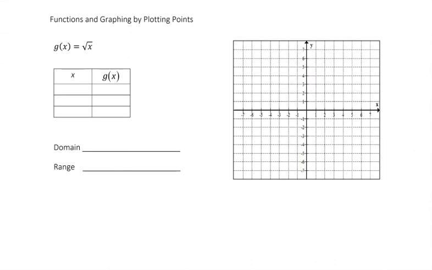All right, square root of x. So this time we're not going to do 5 points, and we're also not going to do our normal points either. Remember, whatever we pick for x, we're going to have to plug into the function. In this case, it means we're going to have to take the square root of the number.